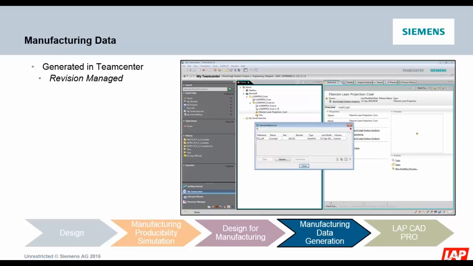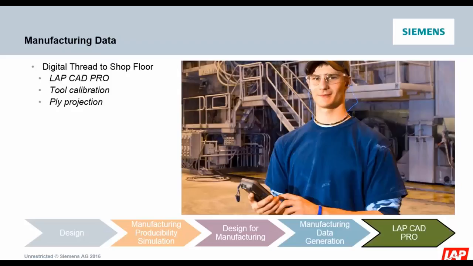And so one of the things that I want to point out here is that when you're using FiberSim with CATIA or with NX or whatever, you're able to manage the manufacturing data, and what gets consumed on the manufacturing floor is actually revision managed. And so there's confidence built in that they are using the correct data out on the manufacturing floor. And so that digital thread to the shop floor becomes extremely important.